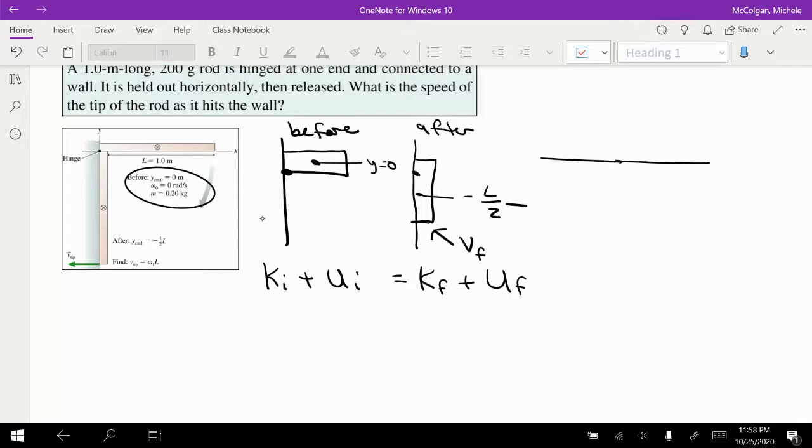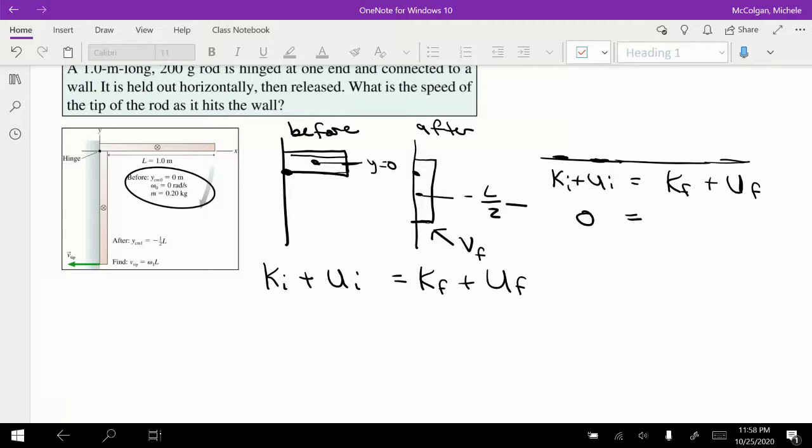So initially, because y of the center of mass is at 0, we have no potential energy. And then our bar is not moving in the before position, so we have no kinetic energy. So this is going to equal 0 on this side.